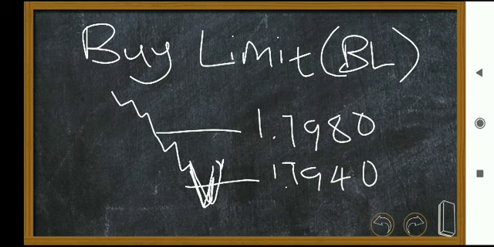Then you have your buy. It's a buy order. Remember, the buy stop and the buy limit are buy orders, just that they are set at different points in the market. As you can see, the buy stop was set above the current market price, and for that order to be fulfilled, price had to touch and continue in that direction.